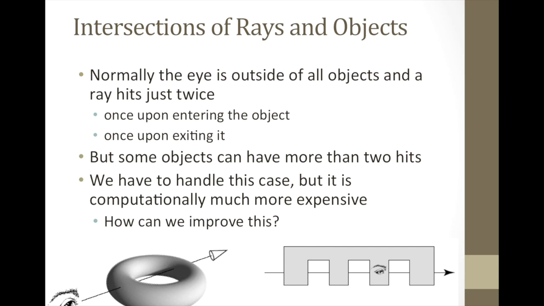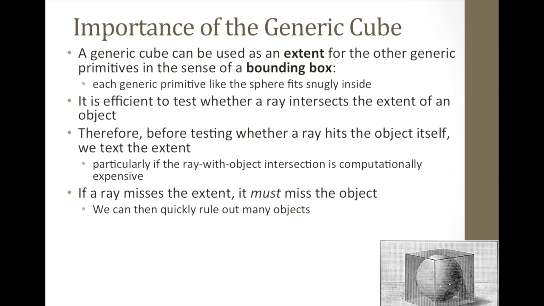And so one way we can improve this is using an extent or a bounding box. You can see on the bottom right here, for any object you can define a box, either a rectangular parallelepiped or a cube, depending on the approach you want to use, that fully encompasses the object.